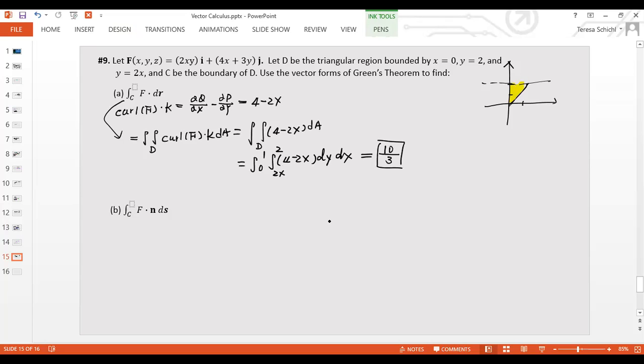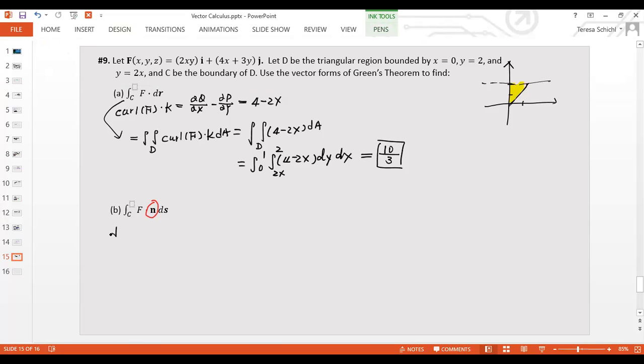So now how about if I want to find the line integral over the normals, right? We want to find the line integral over the normal components here.